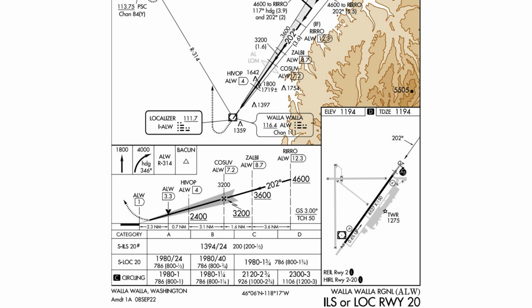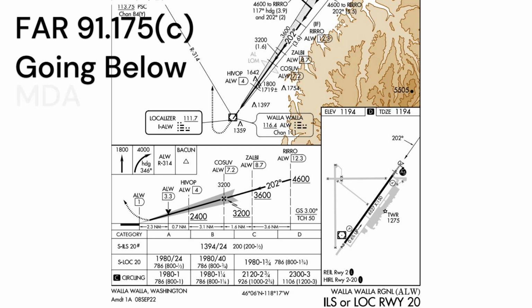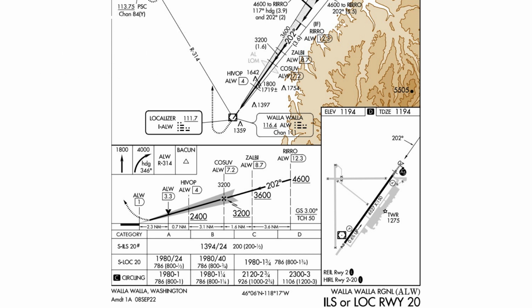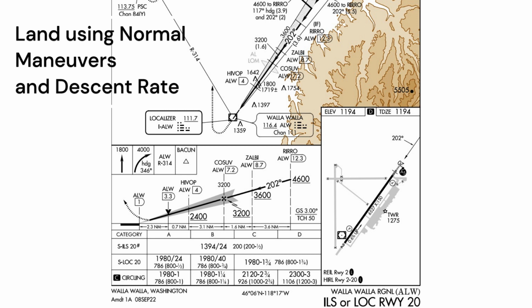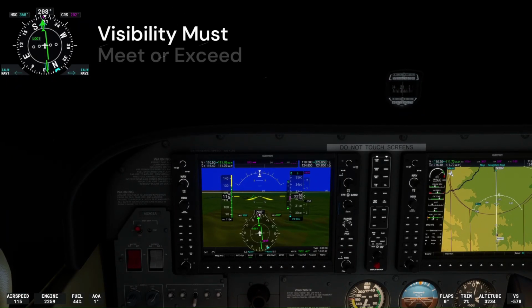If we are unable to see the runway by the missed approach point, we will need to go missed. According to FAR 91.175 Section C, we will not be able to descend below the minimum descent altitude unless 3 requirements are met. The first is that we must be able to make a descent to landing on the runway using normal maneuvers and a normal descent rate.